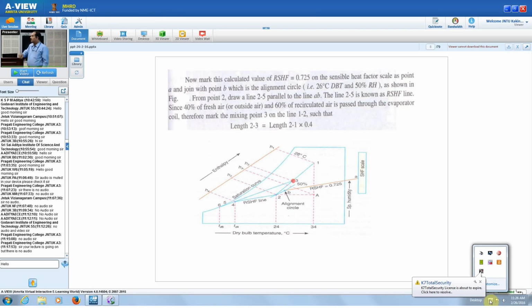How do you get point 3? If you take 100, 60 plus 40, 60 is the right side and 40 is the other, six times and four times. Then you locate point 3. That point 3 is called the mixing point. Then the length 2-3 is equal to length 2-1 into 40% of the fresh air we are taking. Right?